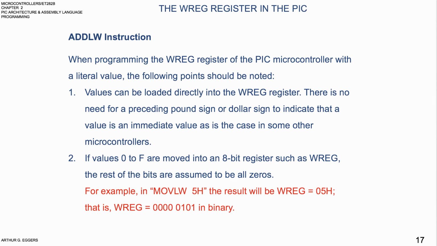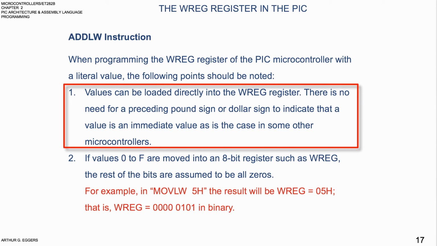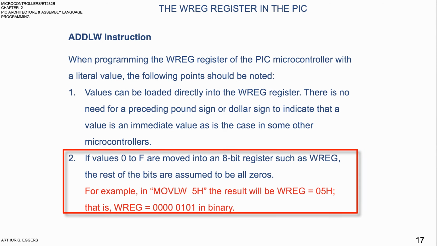When programming the working register, there are some things that you need to follow. First off, values can be loaded directly into the working register. There's no need for a pound sign or any other signs that are required for other microcontrollers. Second, if values 0 through F are moved into the 8-bit working register, then the rest of the bits are assumed to be 0.